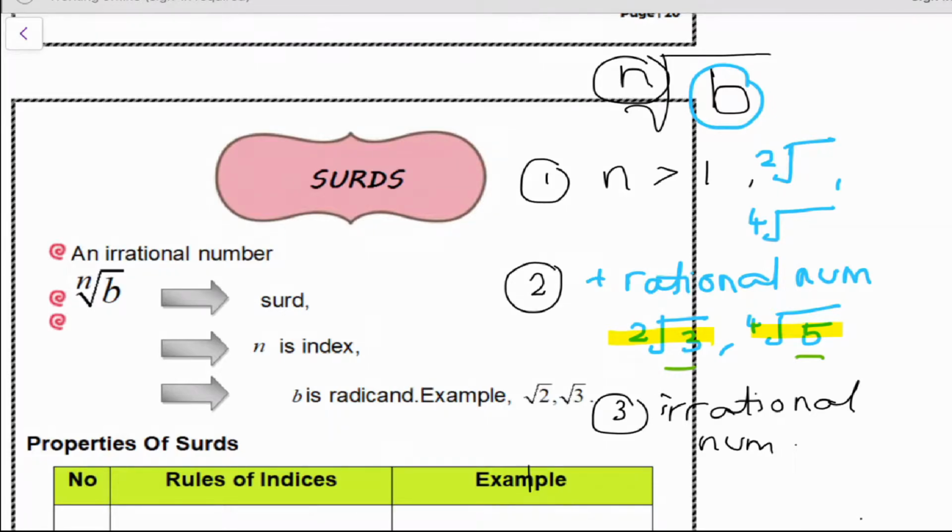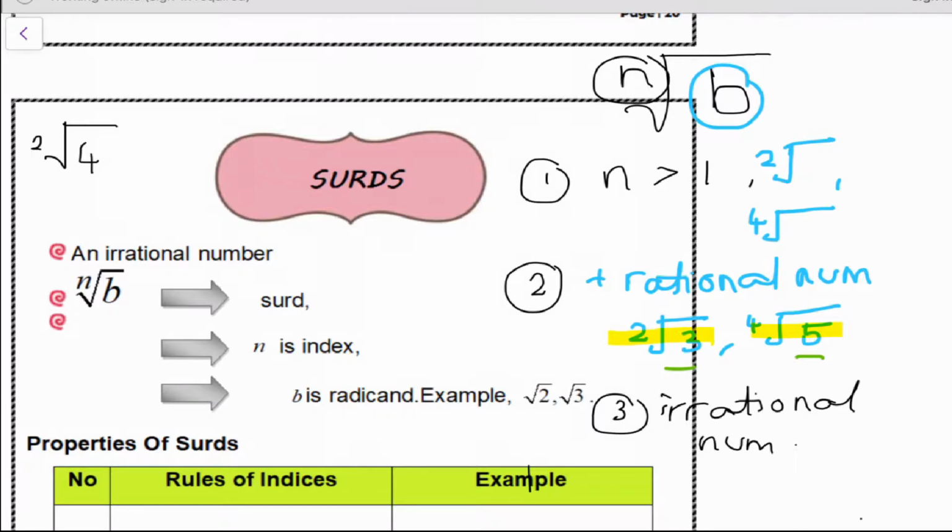Okay, so if I give you an example, if you have the square root of 4, I'm sorry if I write down here because I have limited space here. We want to check whether the square root of 4 is a surd or not. So we have to check whether it satisfies the three conditions.